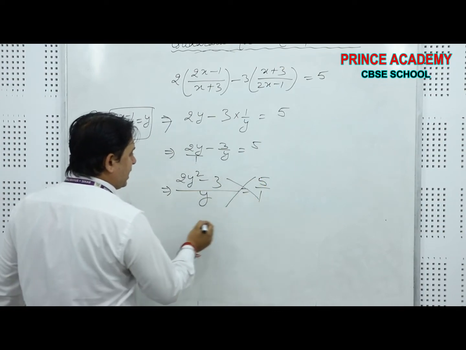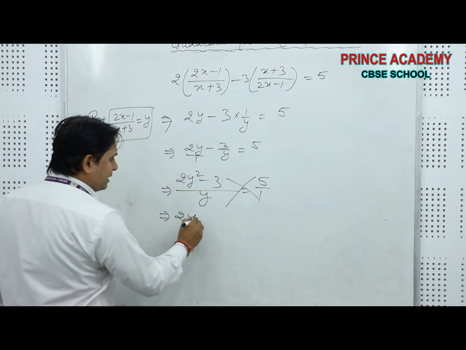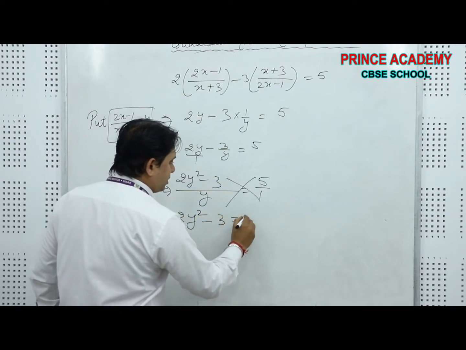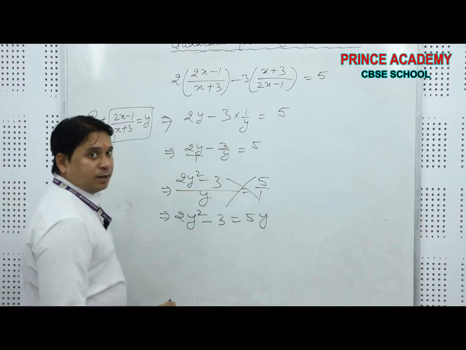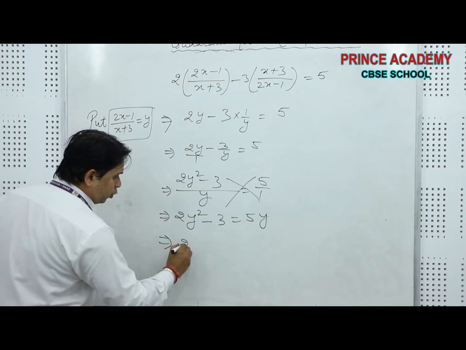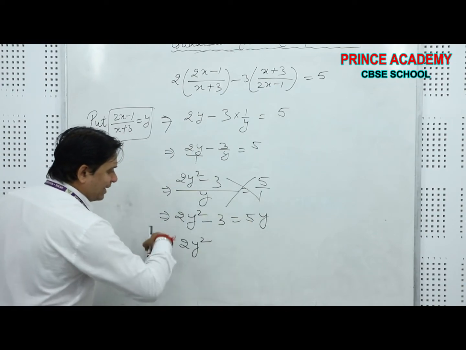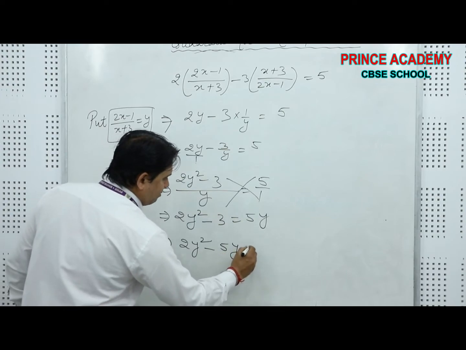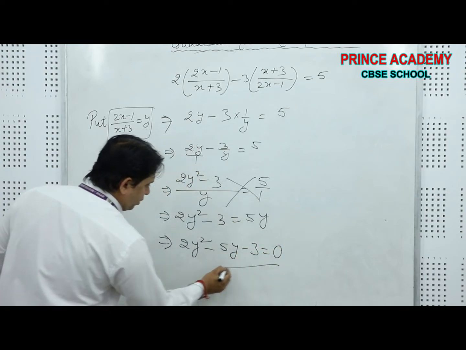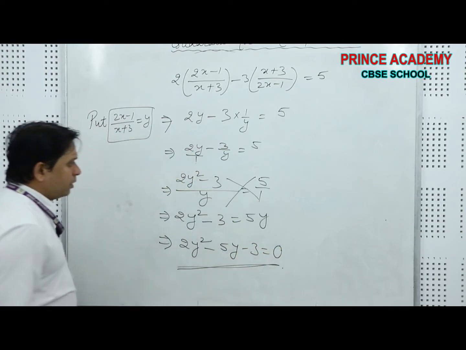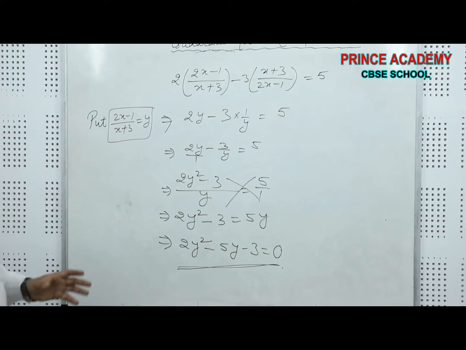Now cross multiply. 2y square minus 3 is equal to 5y. Done. 2y square, shift this towards left, minus 5y minus 3 is equal to 0. Are you sure? Am I right here? Done beta.